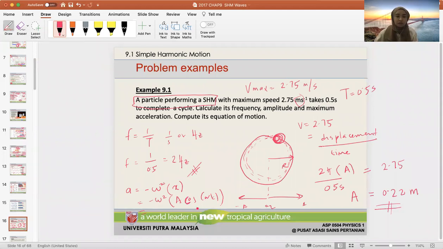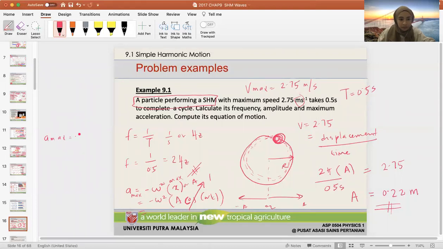If cosine is 1, that is the maximum for a cosine. The maximum displacement of x is A, which is the amplitude. We already talked about this. So the maximum acceleration is minus omega squared times the maximum x, or just A. So this equation becomes a maximum equals minus omega squared A.